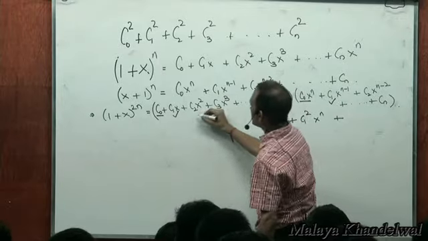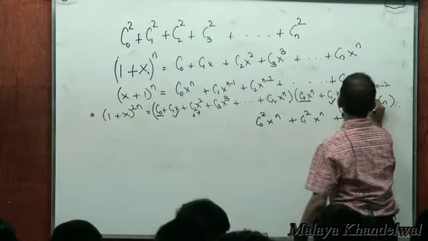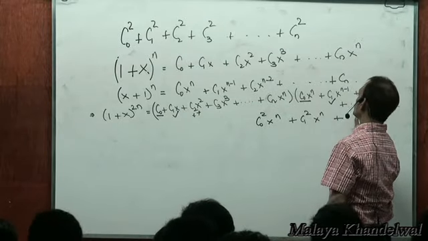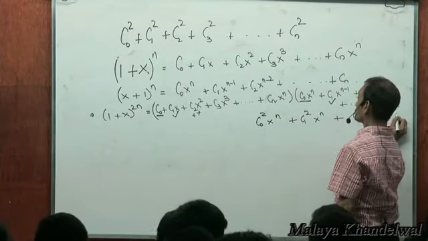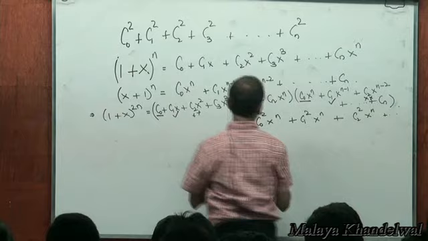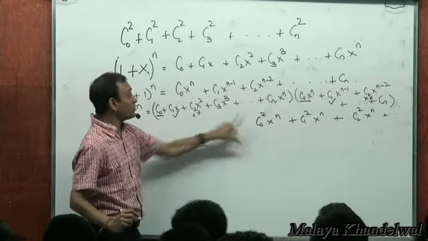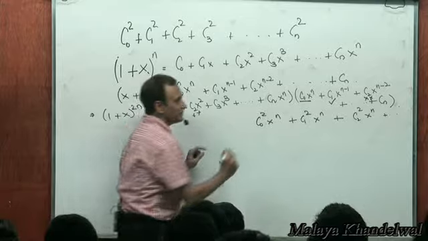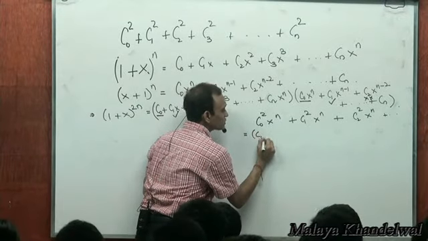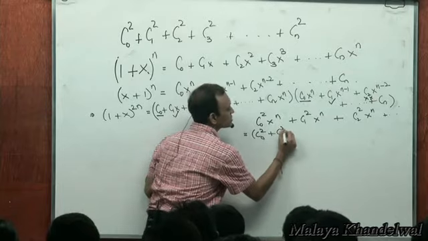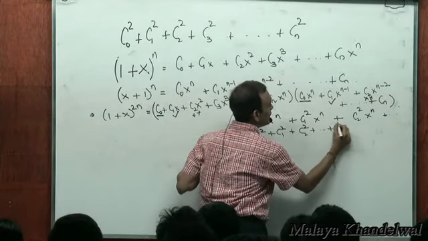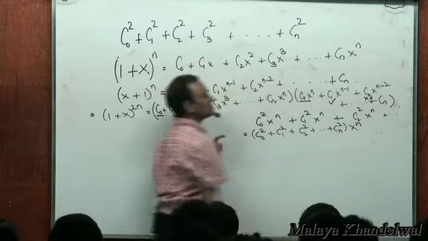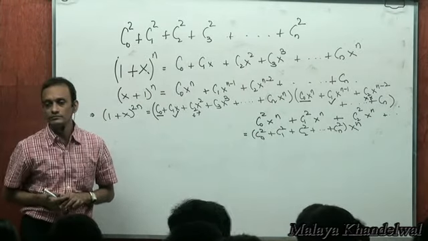If I multiply this with this, what do I get? c2 squared x^n. Which means the coefficient of x^n on the right hand side is c0 squared plus c1 squared plus c2 squared plus ... plus cn squared.